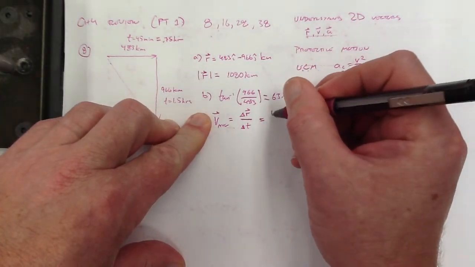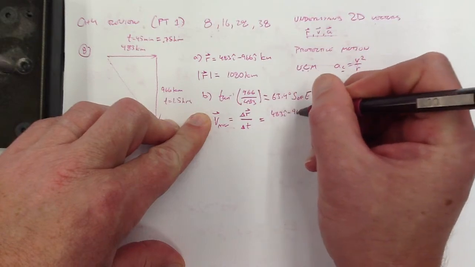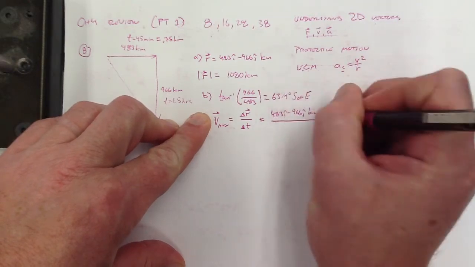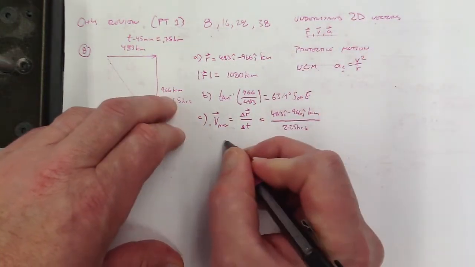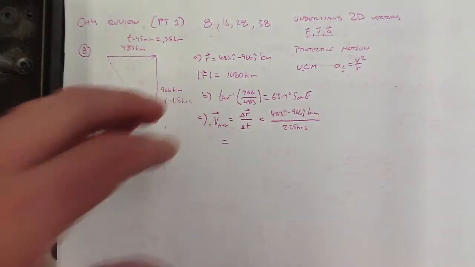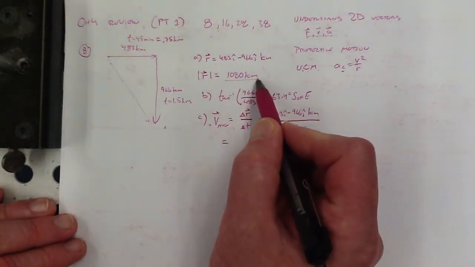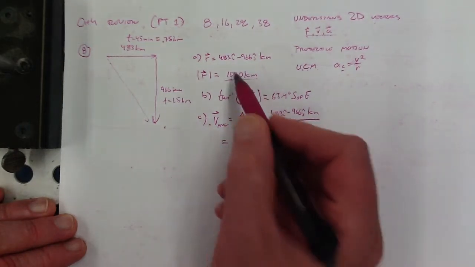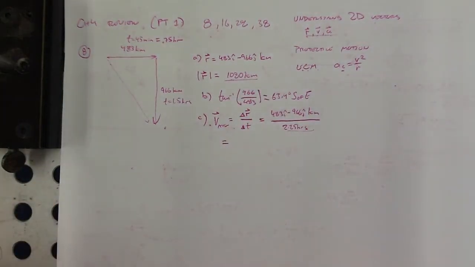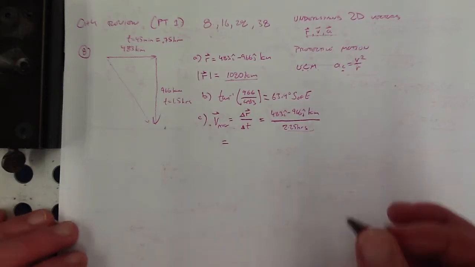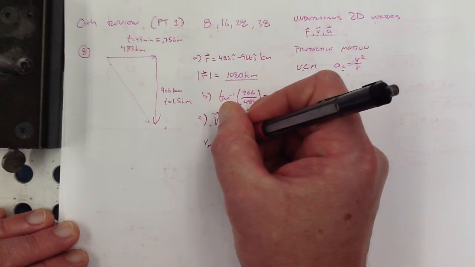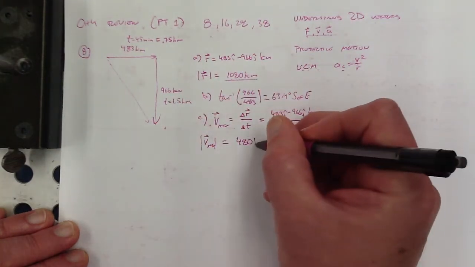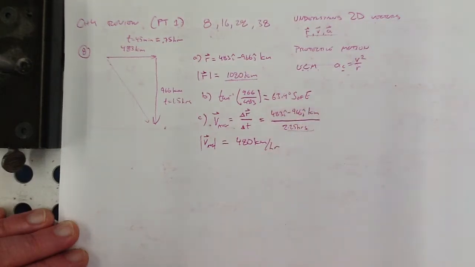So that's going to be 483i minus 966j kilometers over 2¼ hours. I could go through that whole process, but of course the magnitude of this, if I divide by the 2.25 hours, is going to give me the right magnitude. The magnitude is 480 kilometers per hour.